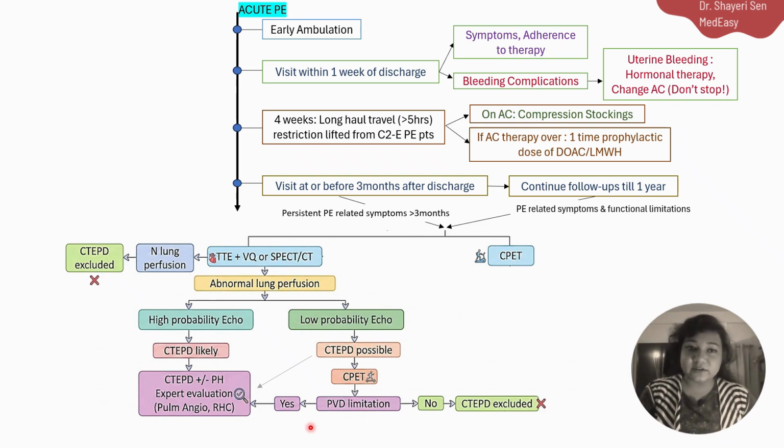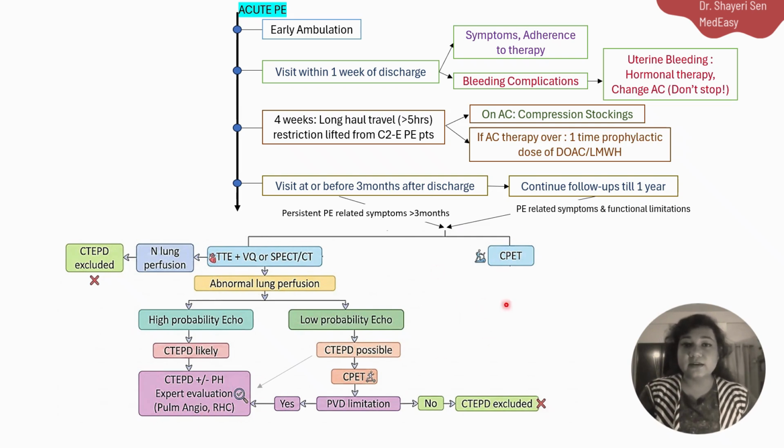So if that is present, then CTEPD is again likely, so we are going to send them for expert evaluation. If it's not present, then we can exclude CTEPD despite the fact that the VQ scan showed an abnormal lung perfusion, right? And if I do not have availability of CPET, then again, even with a low probability echo, we might send them for an expert evaluation where they are going to undergo further testing.